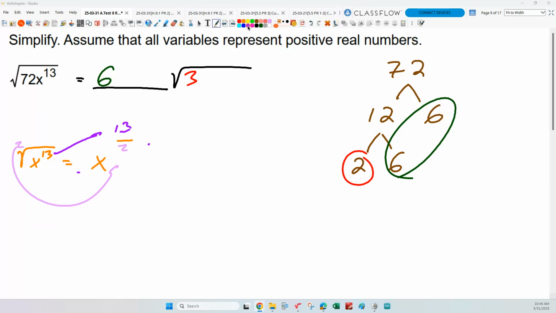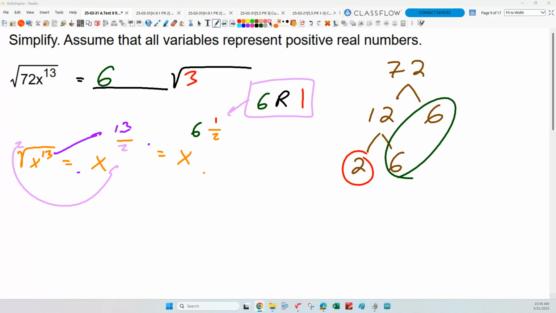Okay. So this is the same thing as saying x to the 6 and 1 half, right? And we got that just from 6 R 1, right?